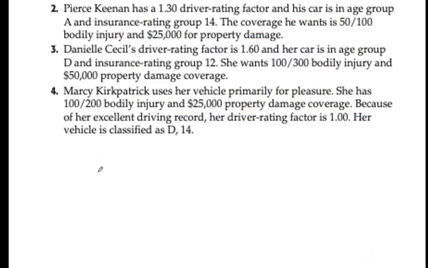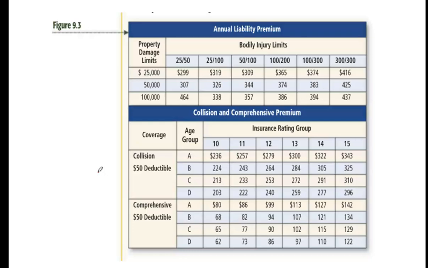Now let's try some examples, and you have these three examples in your notes. I'm going to be looking at the chart for the first one. Pierce Keenan has a 1.3 driver rating factor, and his car is in the age group of A and the insurance rating group 14. The coverage he wants is 50, 100 bodily injury and 25,000 for property damage. First thing you're going to do is look up here, liability.